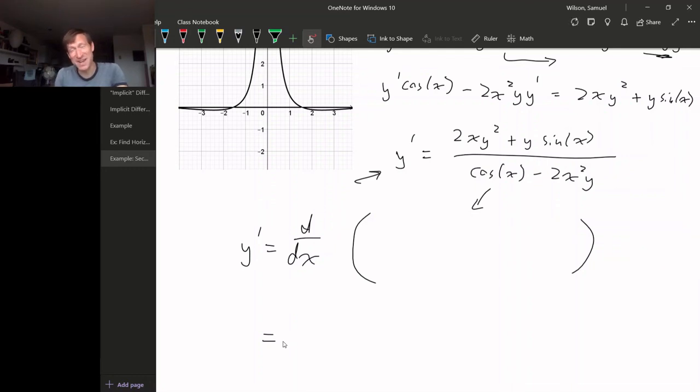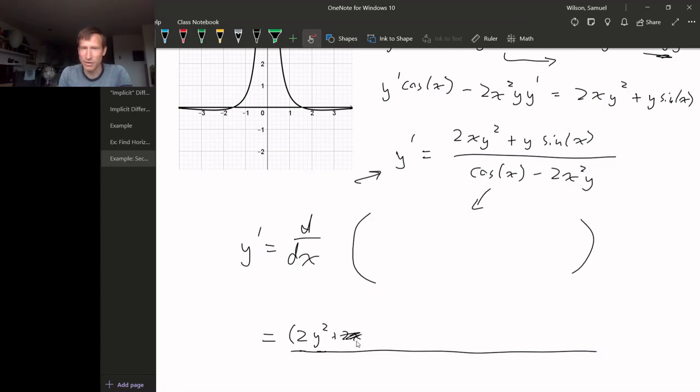In detail, of course, we have to be really careful about the quotient rule and the chain rule as we take this derivative. So to take a derivative of this, we get derivative of the numerator, which we have to use the product rule and the chain rule, so be careful, 2y squared plus 4x y prime, that's the derivative of this piece, plus y prime sine x plus y cosine x, that's the derivative of this piece.